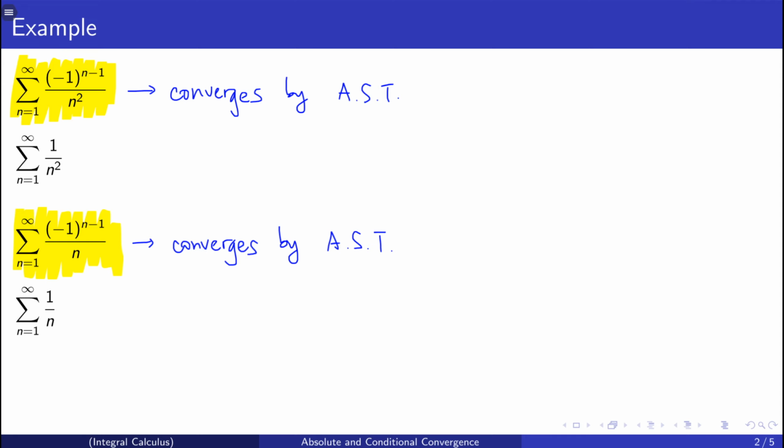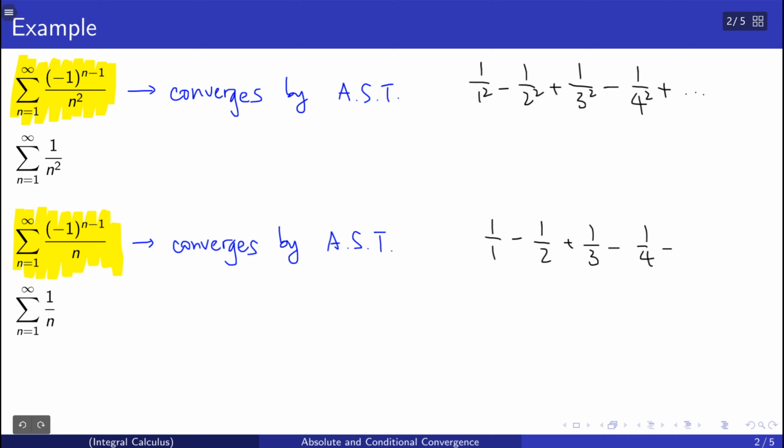Let's write out the first few terms. This is 1 over 1 squared minus 1 over 2 squared plus 1 over 3 squared minus 1 over 4 squared and so on, whereas this is the alternating harmonic series. So they're both alternating and they both converge.